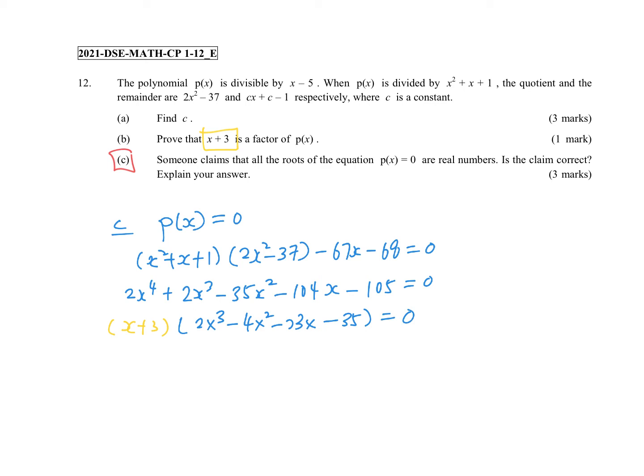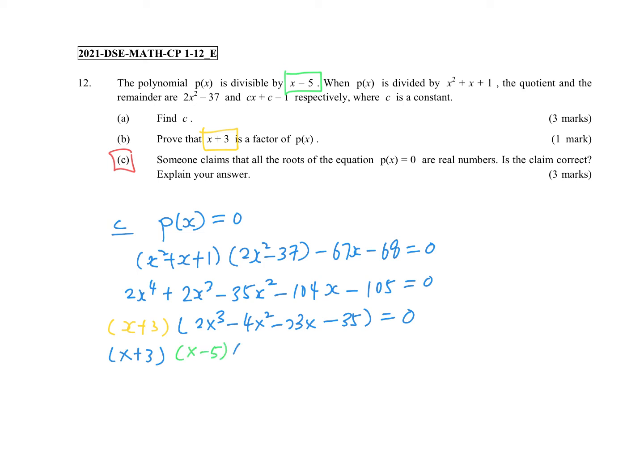You can do this by long division or by comparing coefficients. So this is x plus 3, and then still we have a cubic polynomial needing to be decomposed, or you may say factorized. And if you look at the very beginning, x minus 5 will be another factor, so don't forget that.